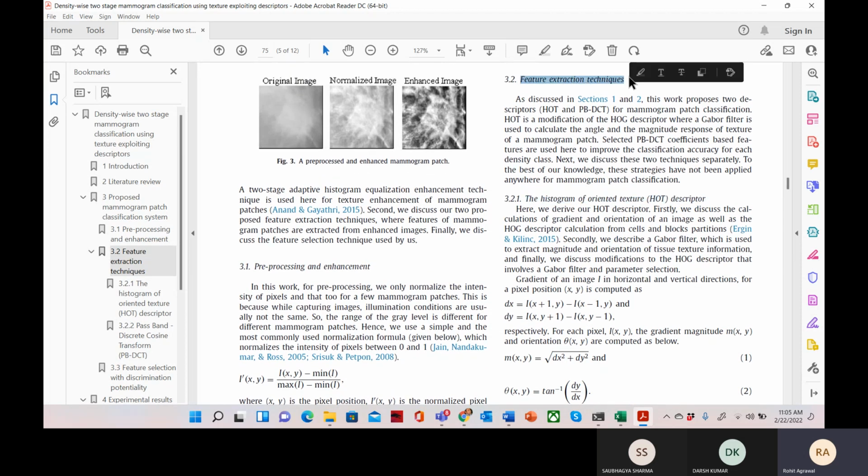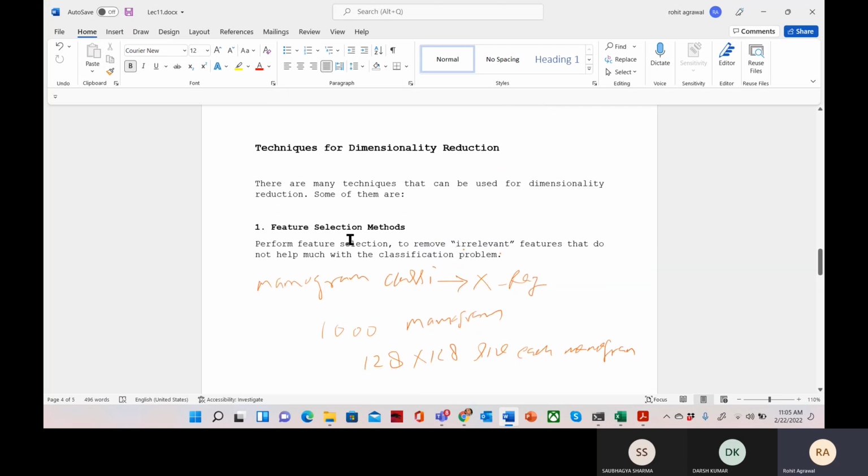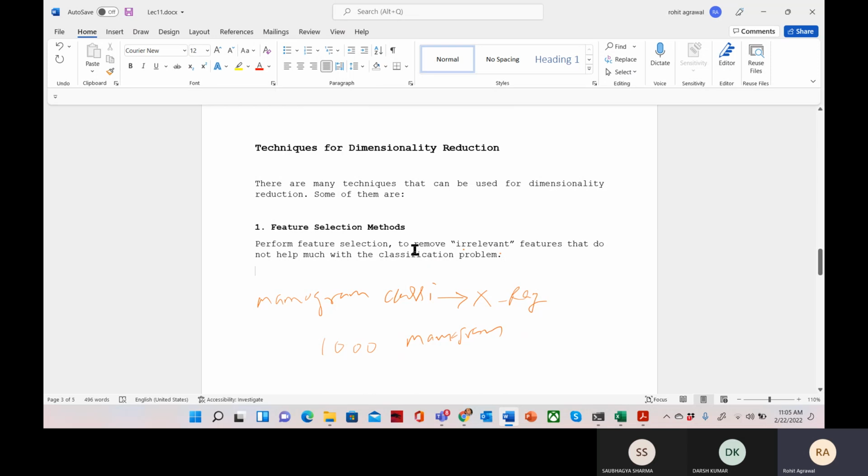In the research paper itself we use this terminology. Feature selection means performing selection to remove irrelevant features that do not help much in the classification. This is clear.